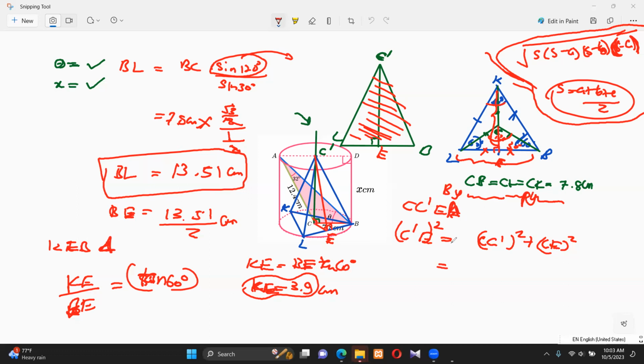I have stored it as y, then 24.39, right? Square root of 24.39.